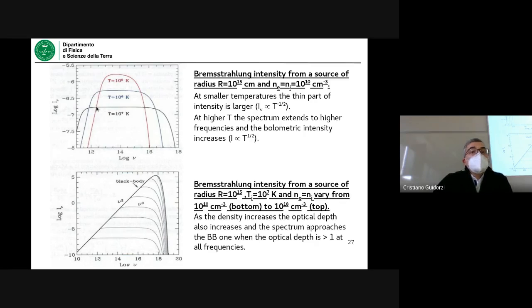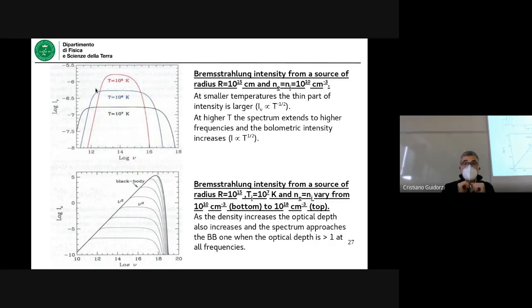Now, by decreasing the temperature, the absorption coefficient increases, which of course means the optical depth increases, and here you are just at the turnover. And if you look at the red curve with an even lower temperature, at that frequency you are fully optically thick. Beautiful. You see everything now makes sense.